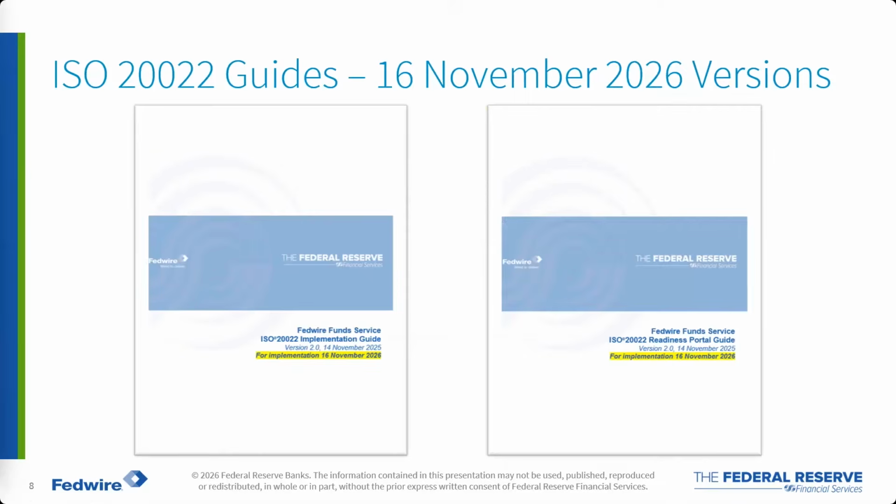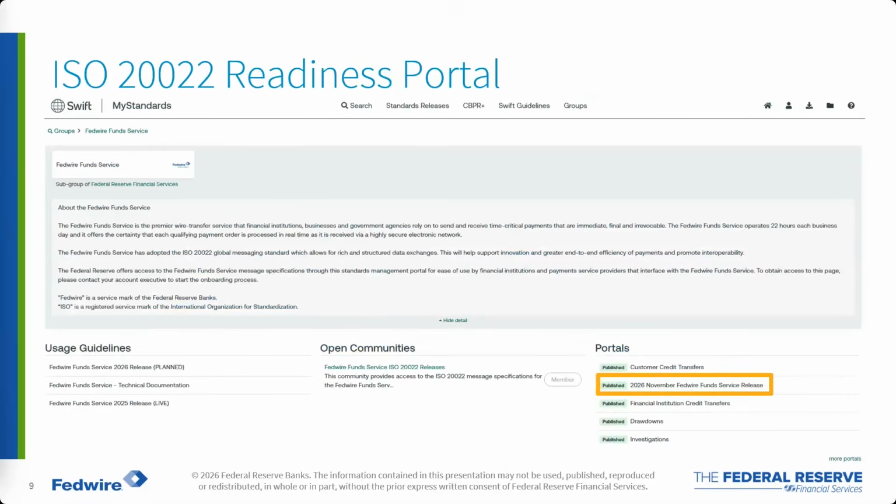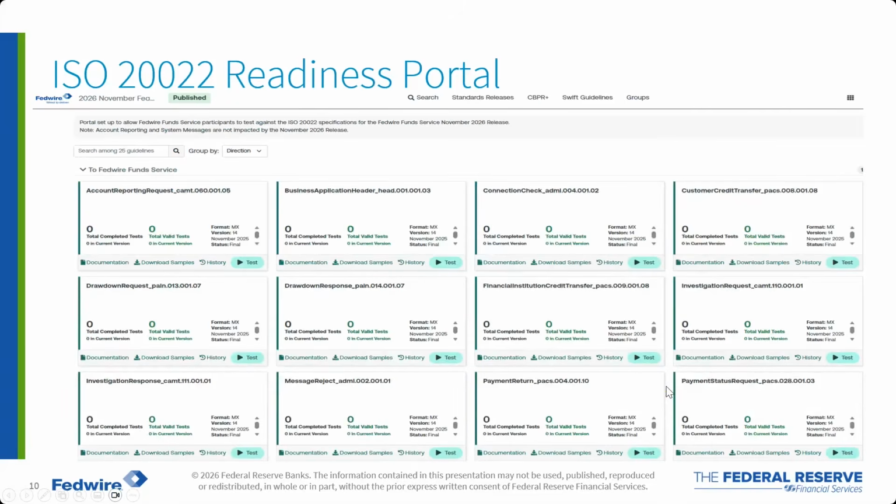explained in more detail. Now, going back to the My Standards Readiness portal, when we click on the right side, because we're interested in testing against the November 2026 specifications, then you access this portal by clicking on it. And here, I know it's full, there's a lot there.